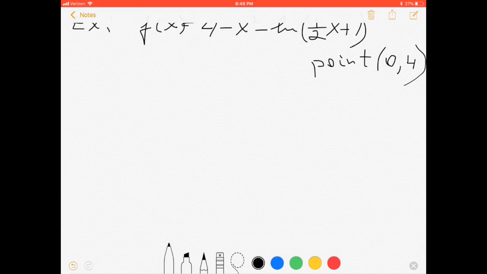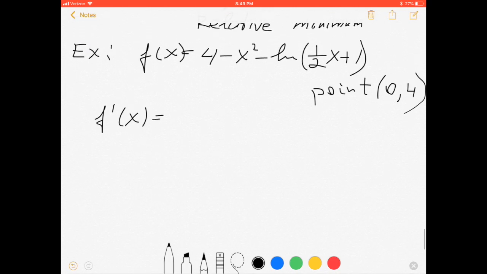Okay. First we need to find the slope. The slope, as you remember, is the value of your derivative at the given point. But first we need to find the derivative. It will be 4 minus x squared, which means minus 2x, and natural log gives me minus. Here we have 1/2 x plus 1.